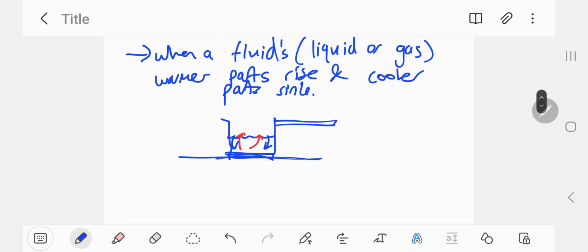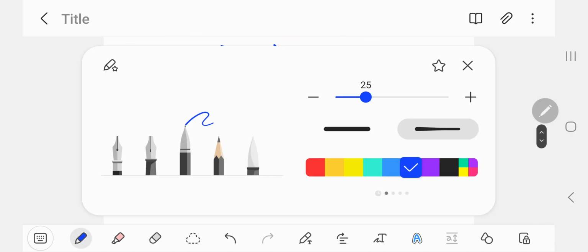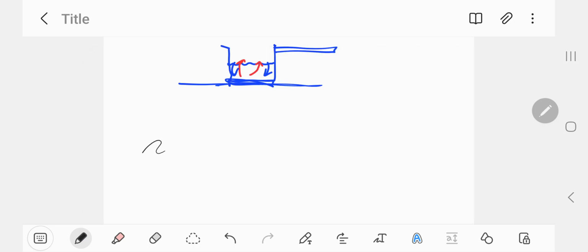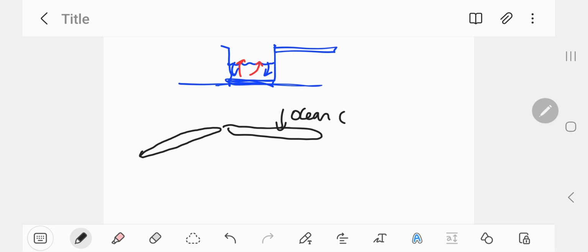So in the context of tectonic plates, let me draw two tectonic plates here. Okay, let's suppose that these two tectonic plates are ocean crusts. And here you've got what's called a mid-ocean ridge.